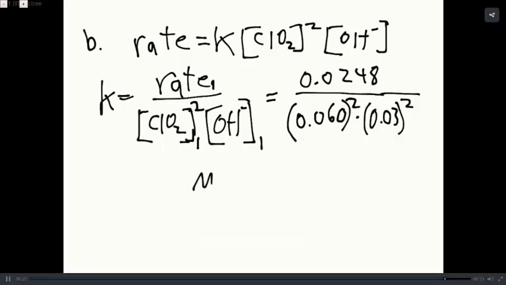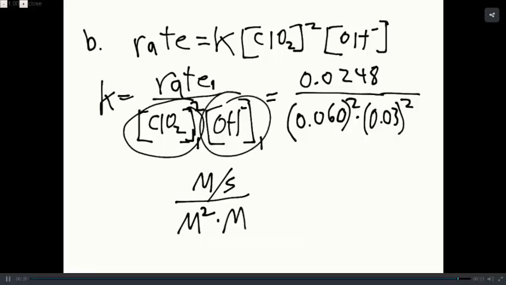The rate is molarity per second, and then we have a molarity squared on the bottom, and then another molarity. So, oh boy, we cancel molarities and end up with molarity to the 2 on the bottom and seconds on the bottom.